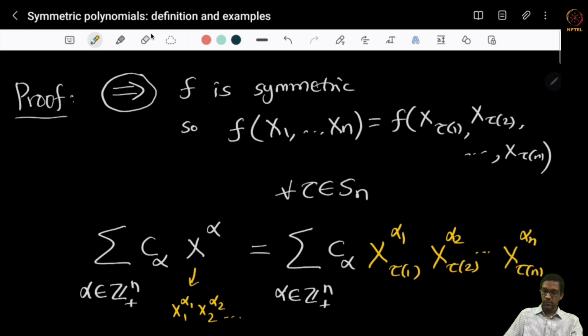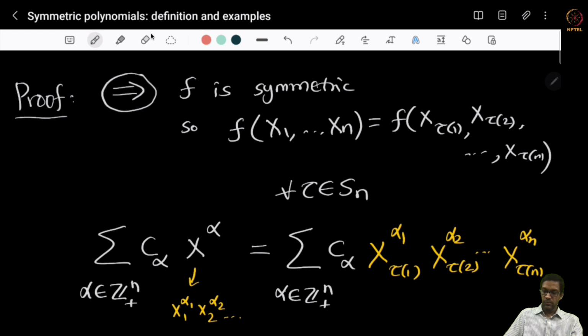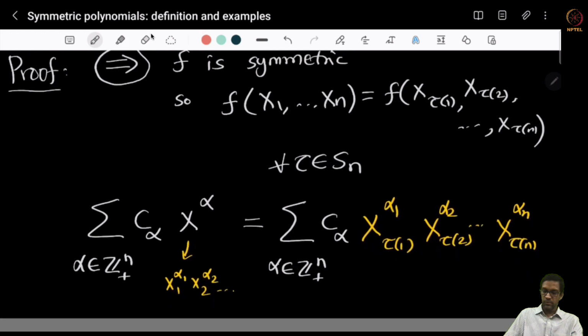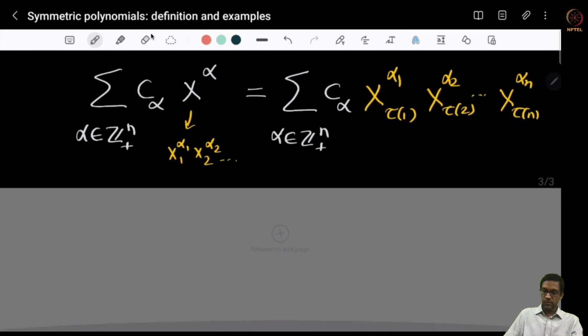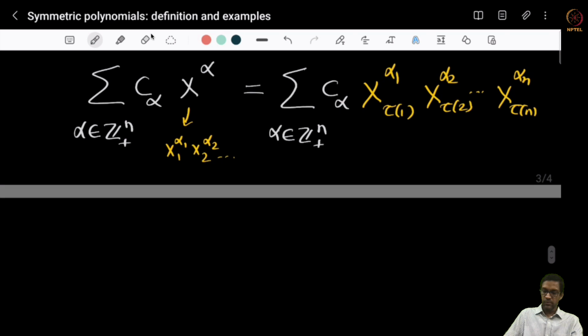But now we know the following, that the coefficients, so let's compare the same coefficient on both sides. So I'm going to compare the coefficient of x power alpha on both sides of this equation. So let's do that. Compare coefficients of x to the alpha on both sides.